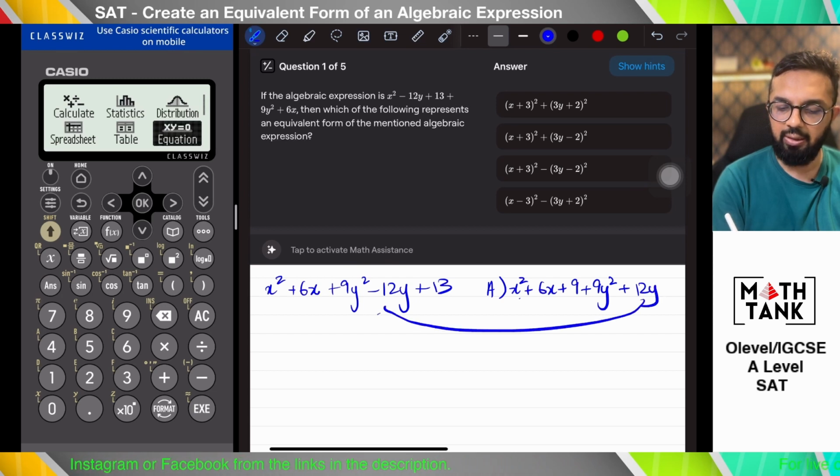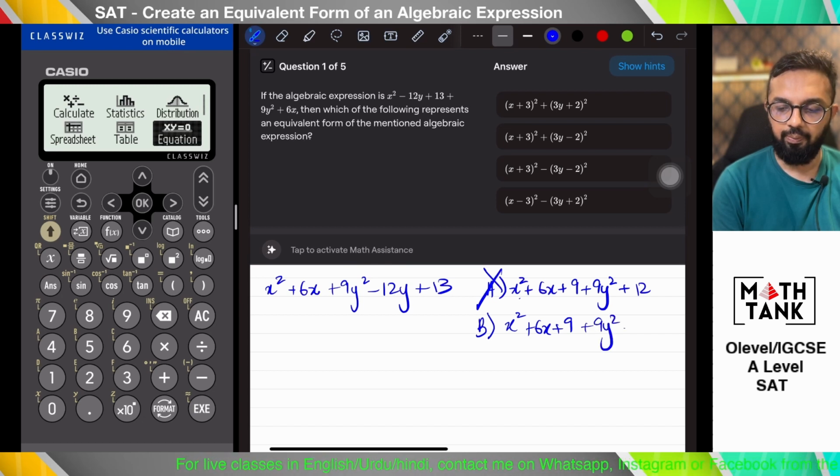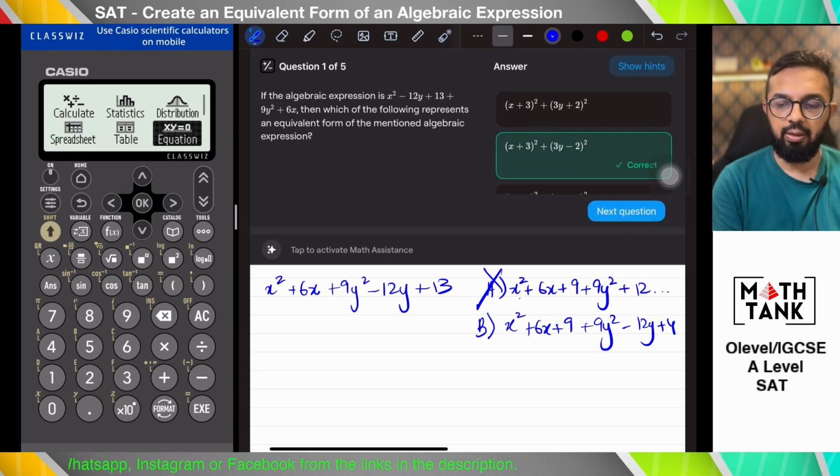No, I want a minus 12y. So that doesn't work. So answer option A can't be true. I'm going to go on to answer option B, and that looks like it might work. Yep, that works. All the terms are balancing now, so that's the right answer.